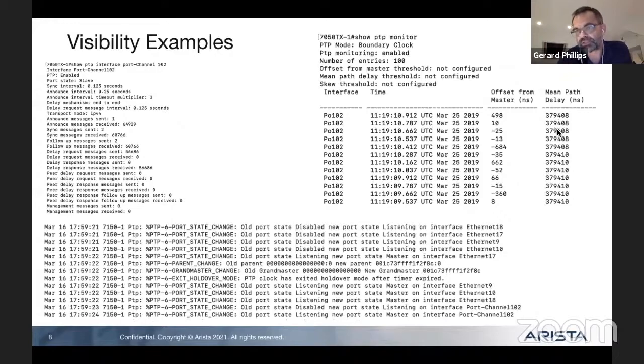This is an enormous mean path delay. That's because it's a Raspberry Pi in my garage rather than something half decent. There are also numbers of messages on the interface, on the ports. This is a brilliant way of debugging stuff at a very low level. So hopefully you won't need to get to this stuff, but the data is all there. There's a ton of visibility available in good PTP aware switches.